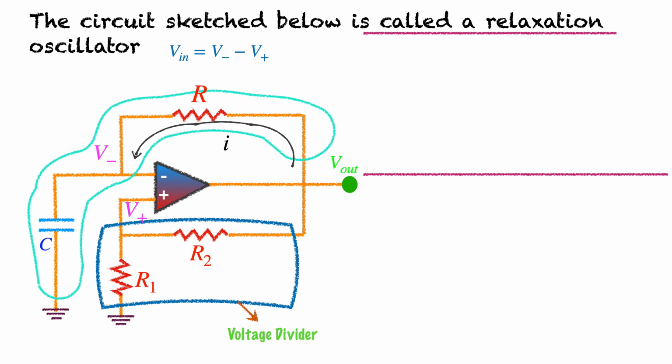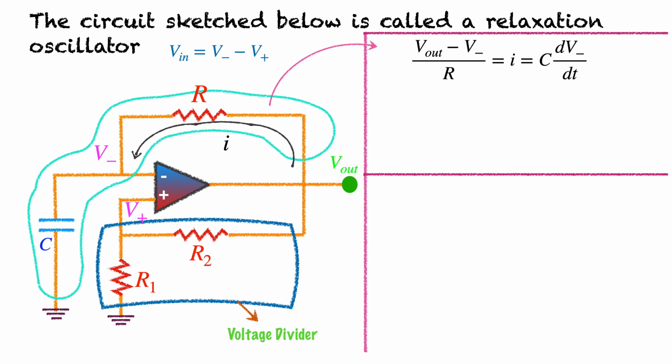So let us calculate the equations for two parts of the main circuit. The first part is the RC circuit. For the RC circuit, we can easily get the equation as (V out minus V minus) over R. This will give you the current, and this current will be equal to C dV minus by dt at the capacitor part.